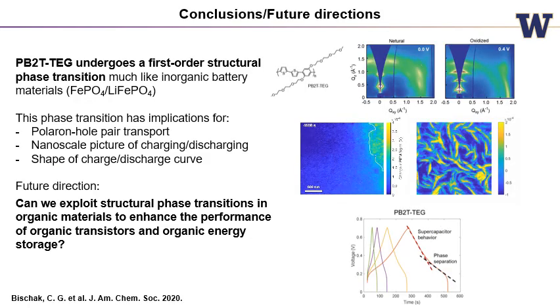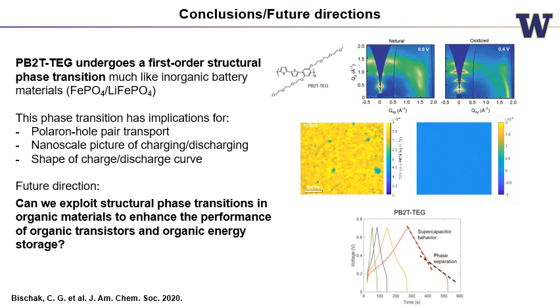All right, so to sum things up, we think we've discovered a really interesting phenomenon that happens in this polymer PB2TEG, where it has completely different crystal structures in the neutral and oxidized phase. We watched ions move through this polymer with nanoscale resolution and watched the initial doping processes in this polymer.